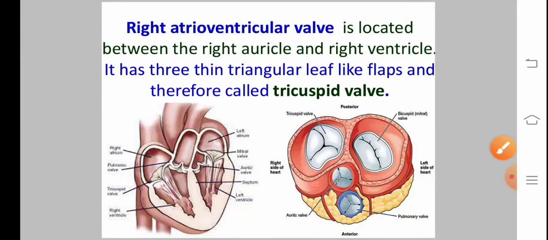Right atrioventricular valve is located between the right auricle and the right ventricle. It has three thin triangular leaf-like flaps and therefore it is called tricuspid valve.